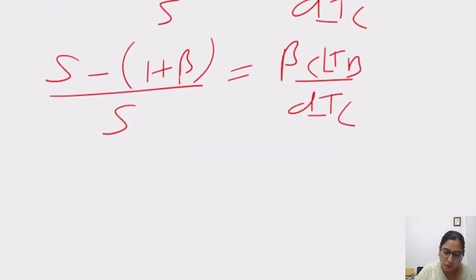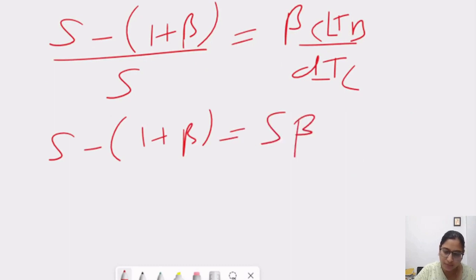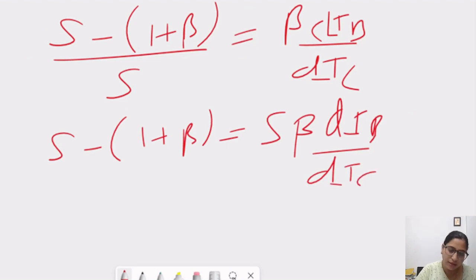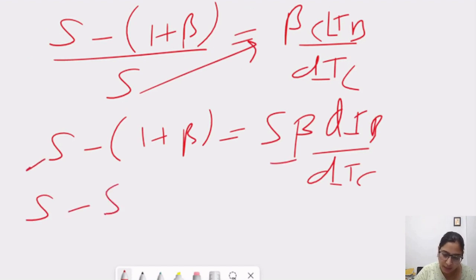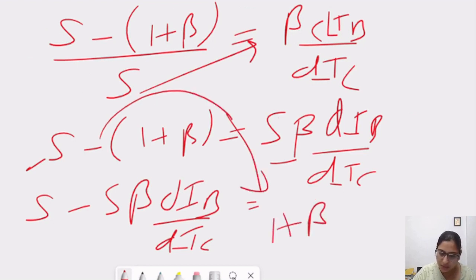Now if we solve further, it becomes S minus (1 plus beta) equals S beta dIB upon dIC, as S is cross multiplied. Now we consider all S terms on one side. This will come here and become negative beta dIB upon dIC, and this term will become positive, so it is 1 plus beta.